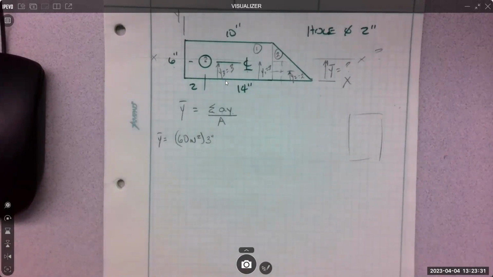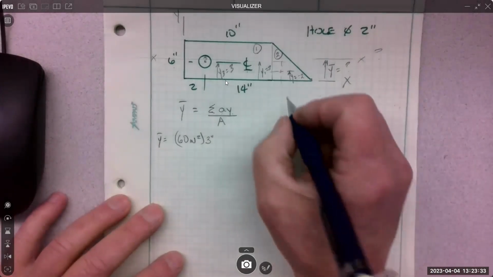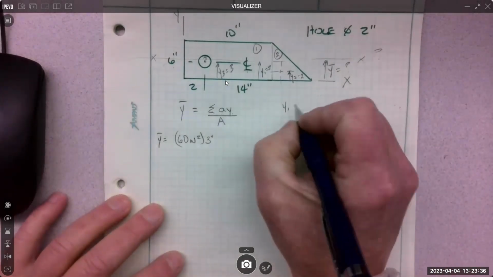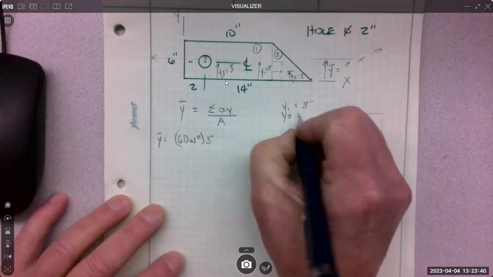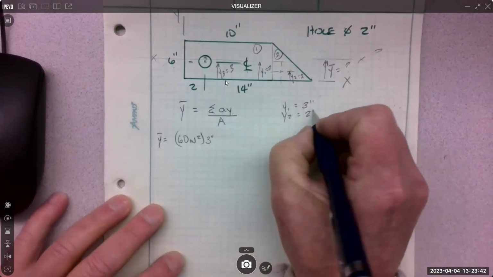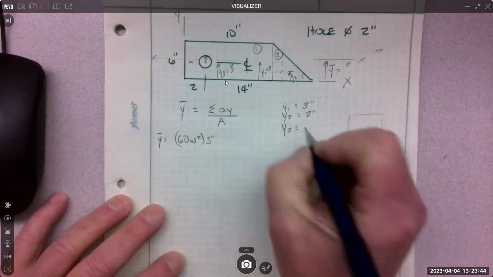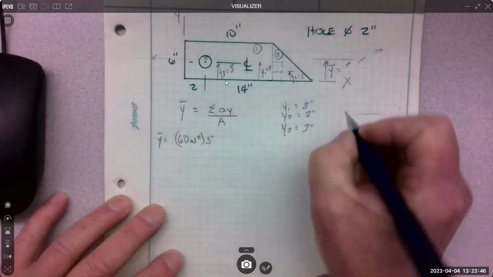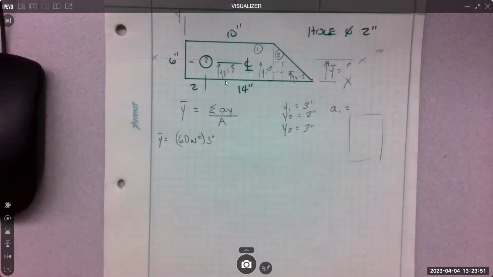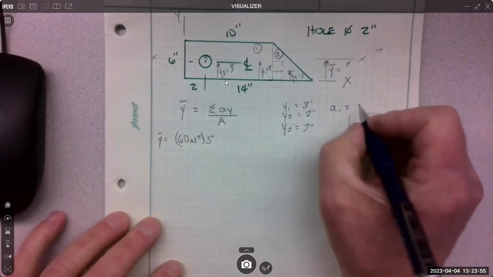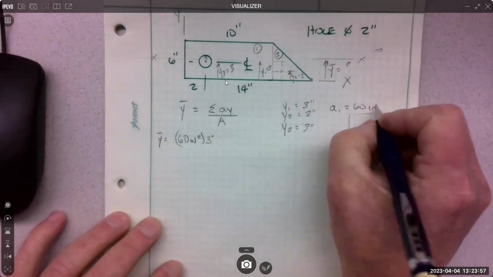And again, you'll see the book sometimes does tabular form where it says y1 equals 3 inches, y2 equals 2 inches, y3 equals 3 inches, area 1 equals, just tabulate it out and then put it in the formula. However you want to do it, it's fine. This is 60 inches squared.